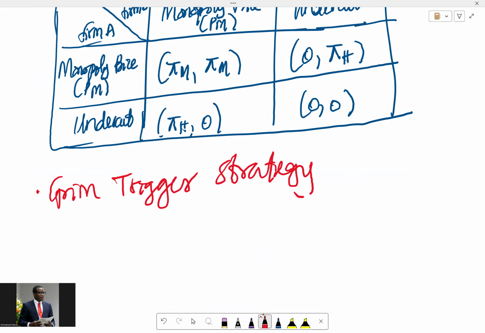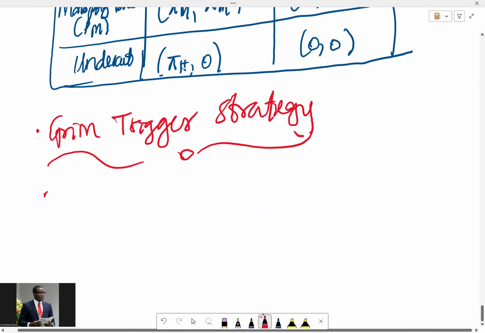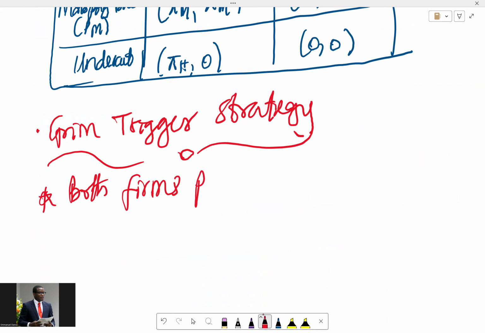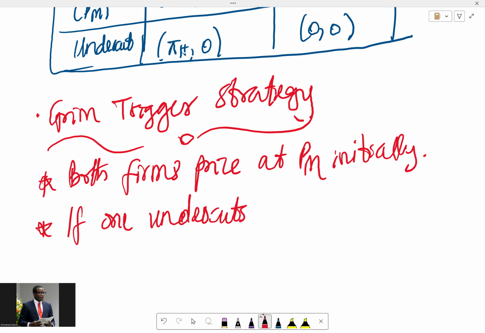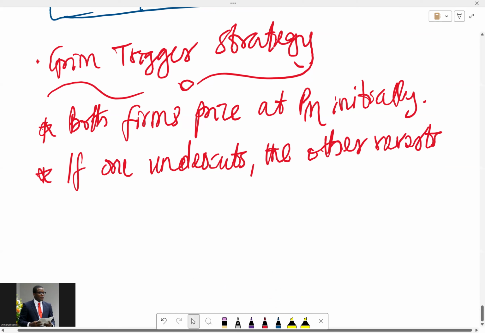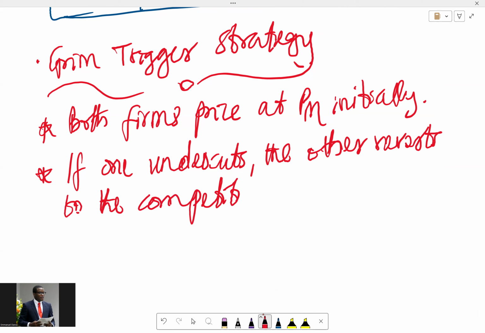Here we have that both firms price at PM initially. Then if one undercuts, the other reverts. So it's more like the prisoner's dilemma thing. If one undercuts, the other reverts to the competition price forever.